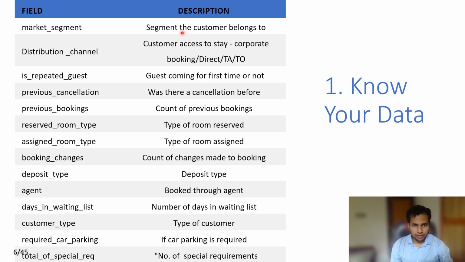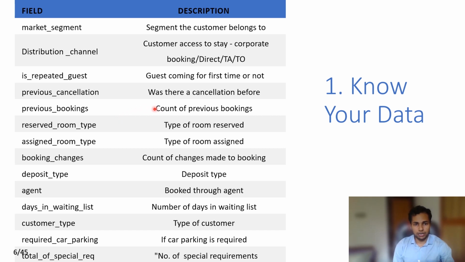Next, we have the market segment, the segment which the customer belongs to, and the distribution channel, which is the channel the customer used to make the booking. We also have whether the customer is coming for the first time or not, and whether there was a cancellation before.